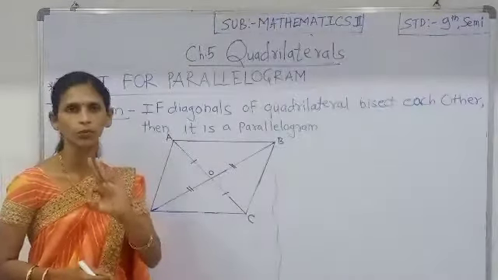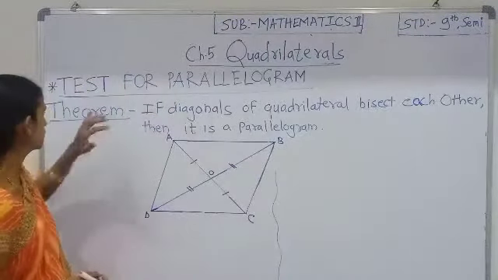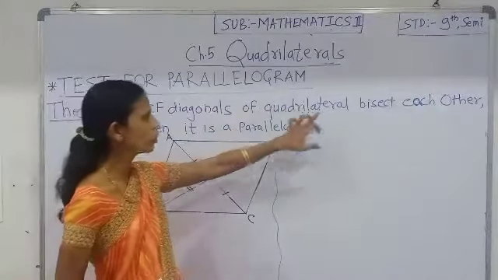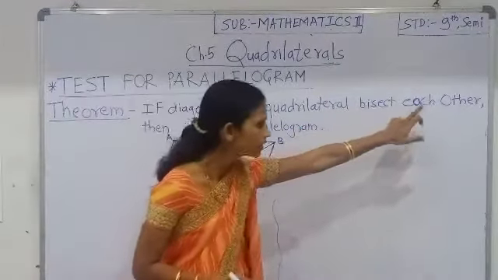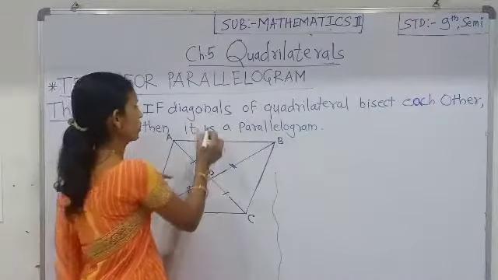The third property given in the test for parallelogram is: if the diagonals of a quadrilateral bisect each other, then it is a parallelogram.